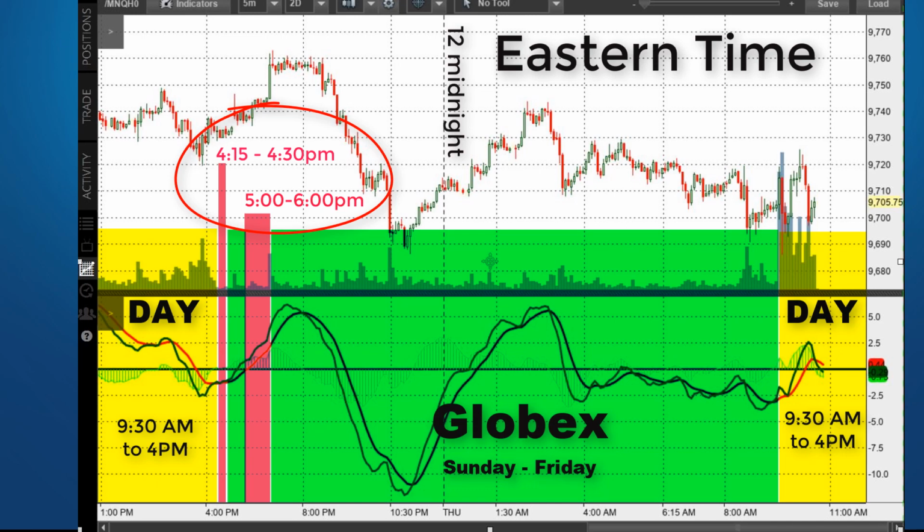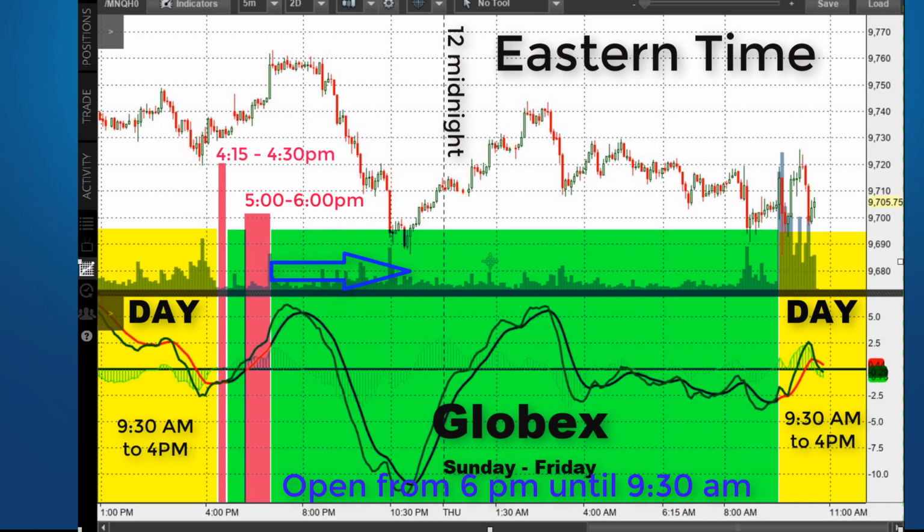At 4:15 to 4:30 Eastern time, the market is closed. Then it opens back up at 4:30 till 5 o'clock for half an hour. Then between 5 and 6 p.m. Eastern time, the market is closed, and then it reopens and goes all the way through until 9:30 the next morning, when the day session begins again.